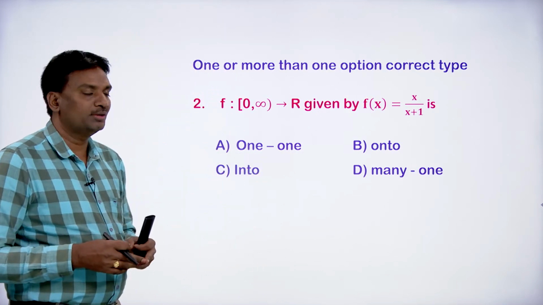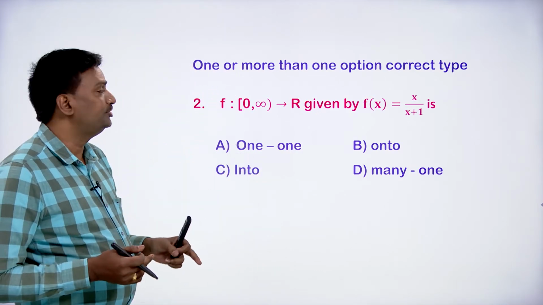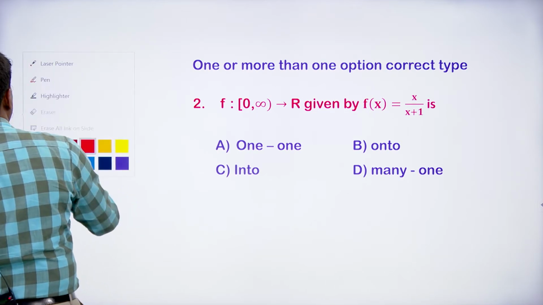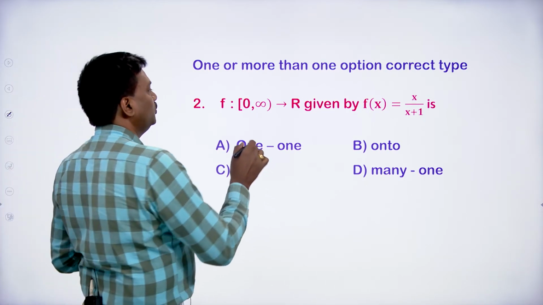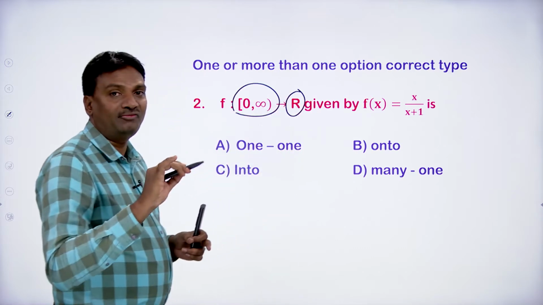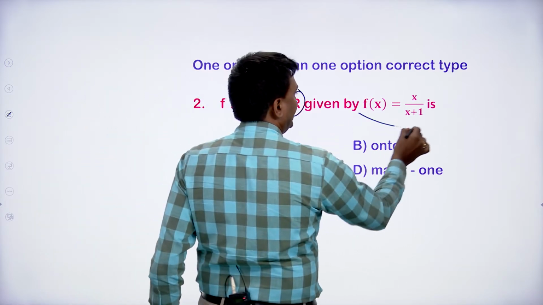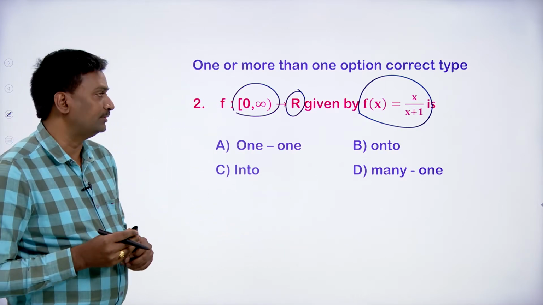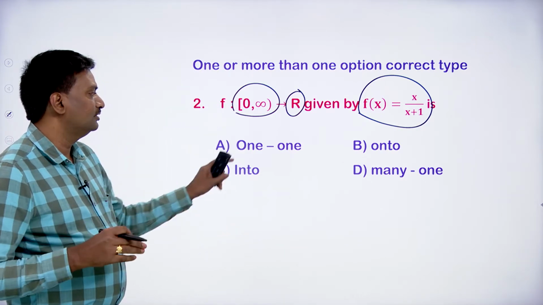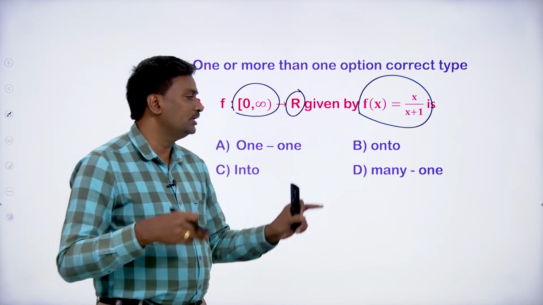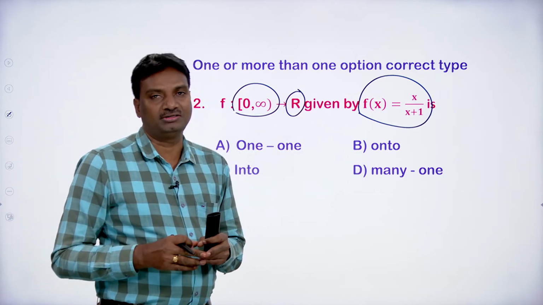Now, by observing this problem, f maps [0, infinity) to R given by f of x equal to x by x plus 1, where this is the domain and this is the codomain. Option A: f is one-one function, option B: onto function, option C: into function, and option D: many-one function.